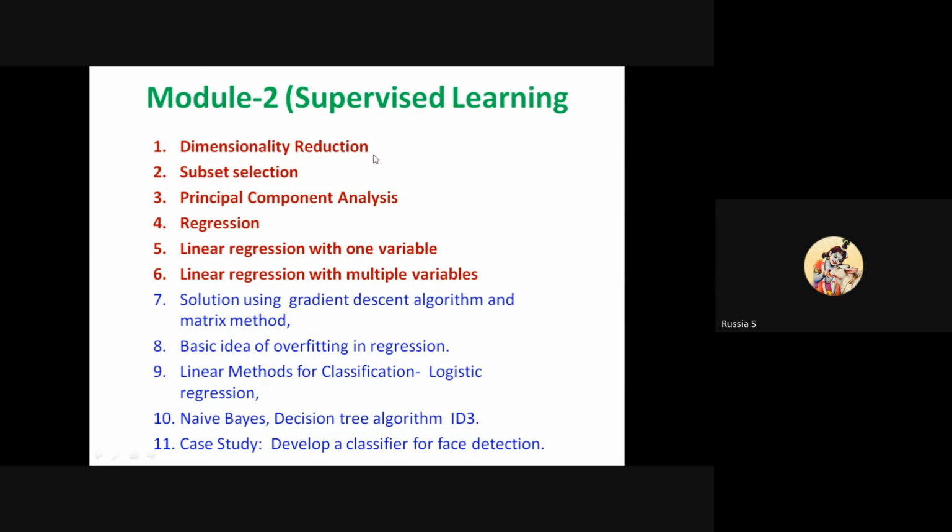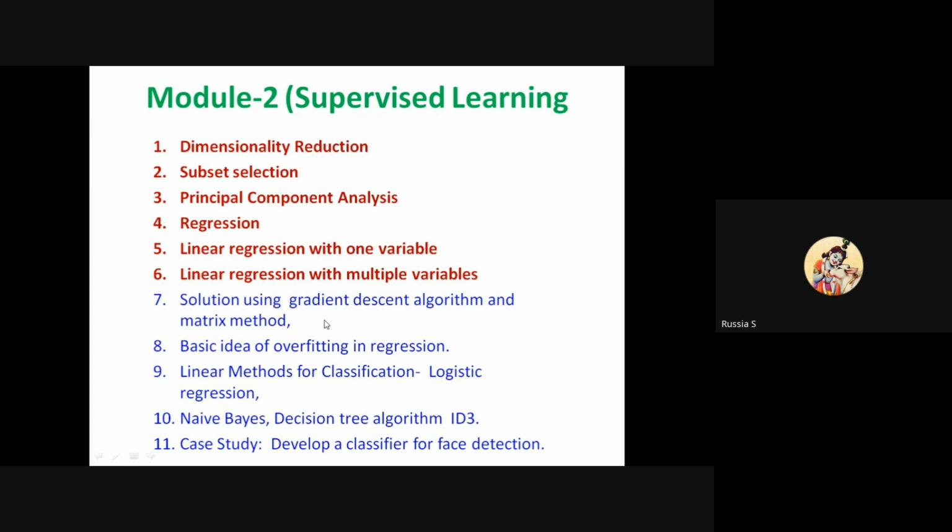The first one is dimensionality reduction, then subset selection, then principal component analysis. The second part is regression: linear regression with one variable and linear regression with multiple variables, which we already saw in the previous slide. The blue part is going to be covered in the afternoon session.